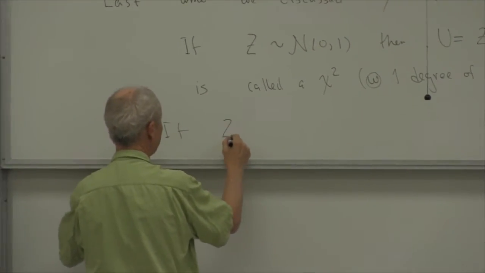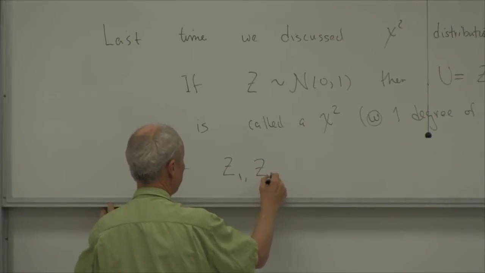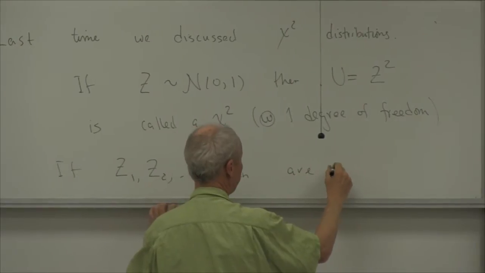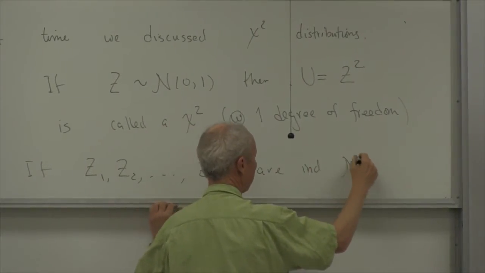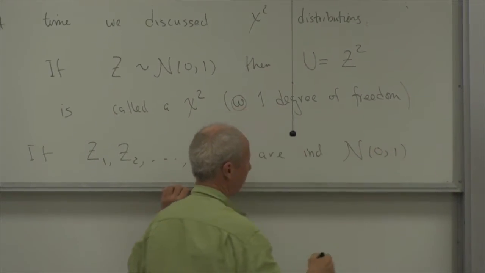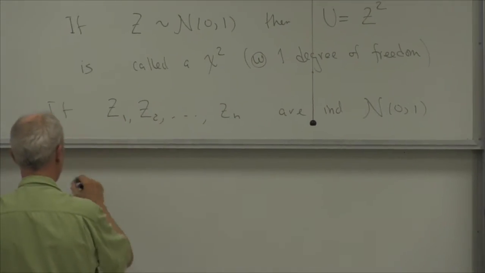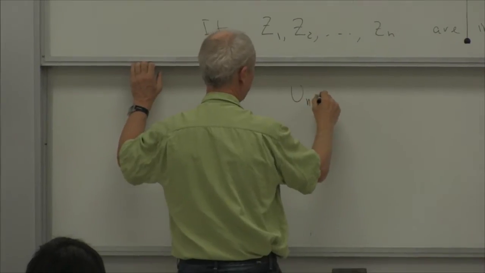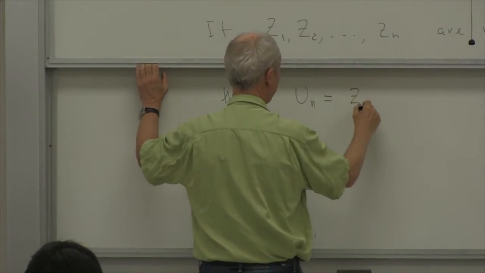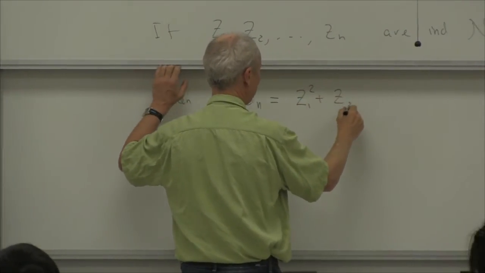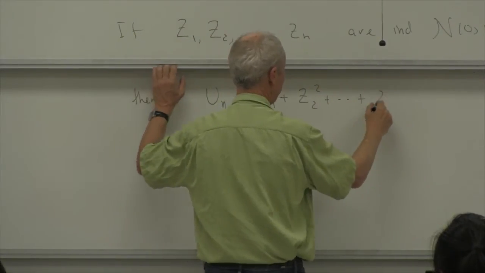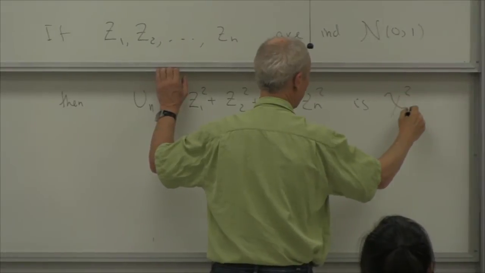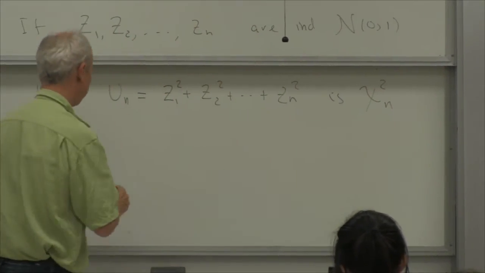If Z1, Z2, ..., Zn are independent normal 0, 1 random variables, then U sub n, I'll call it, equals Z1 squared plus Z2 squared plus ... plus Zn squared is chi-squared with n degrees of freedom.